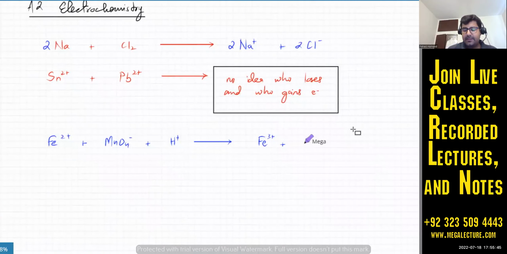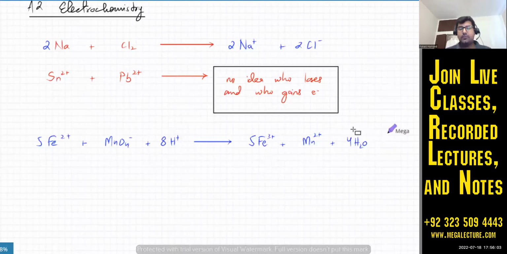Mn on the other hand becomes reduced to Mn2+, and there's water molecules that are produced, right? There's 5 of these, 8 of these, and 4 of H2O. So the whole equation and the whole balancing, you will be able to do it yourself. So the first question is, let's answer it: who gains and who loses electrons?